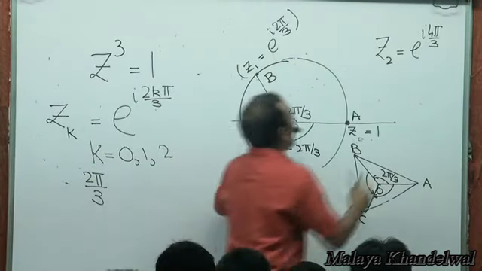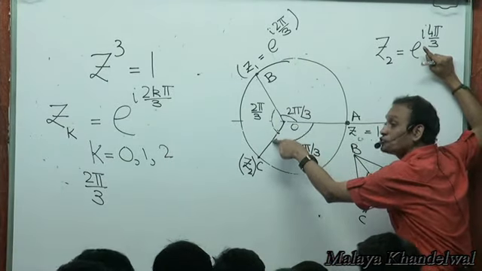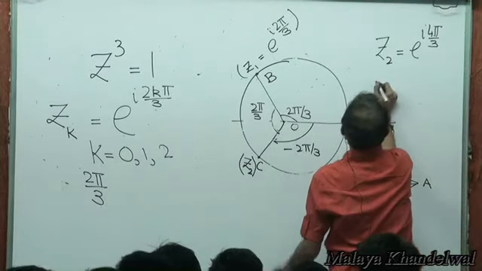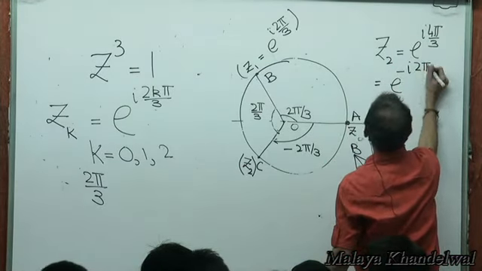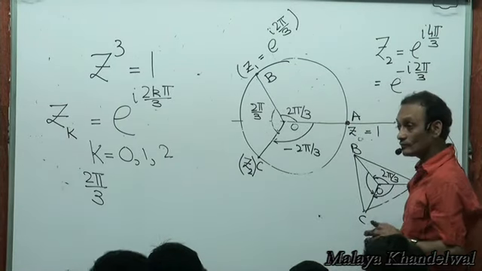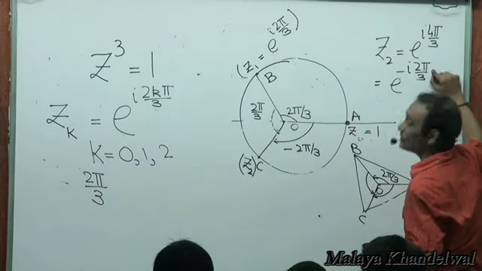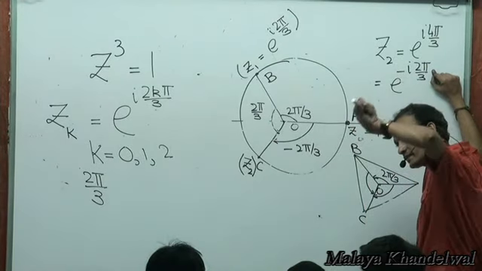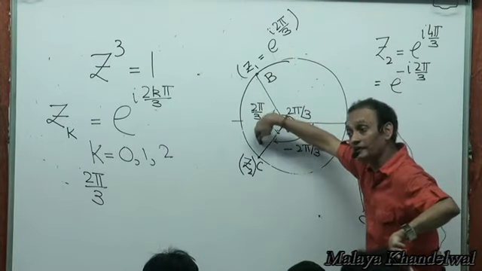Right? So an argument which is 4 pi by 3 is the same as an argument which is minus 2 pi by 3. So this could also be written as e power minus i 2 pi by 3, because 4 pi by 3 is the same as minus 2 pi by 3. This is clockwise and this is anti-clockwise.